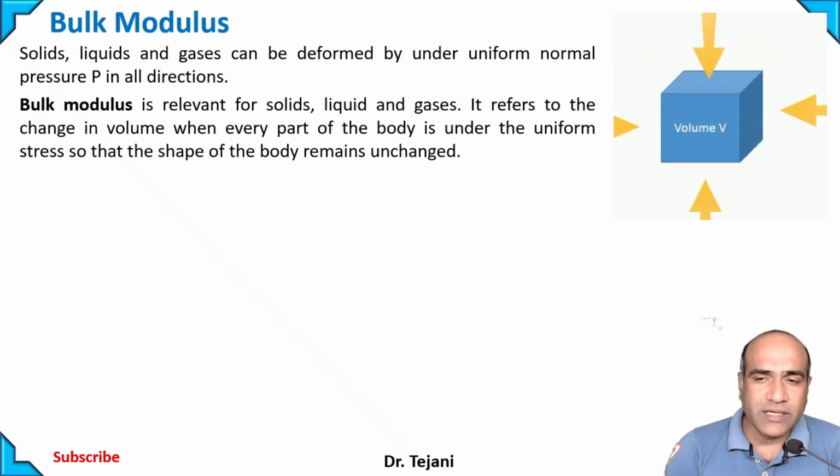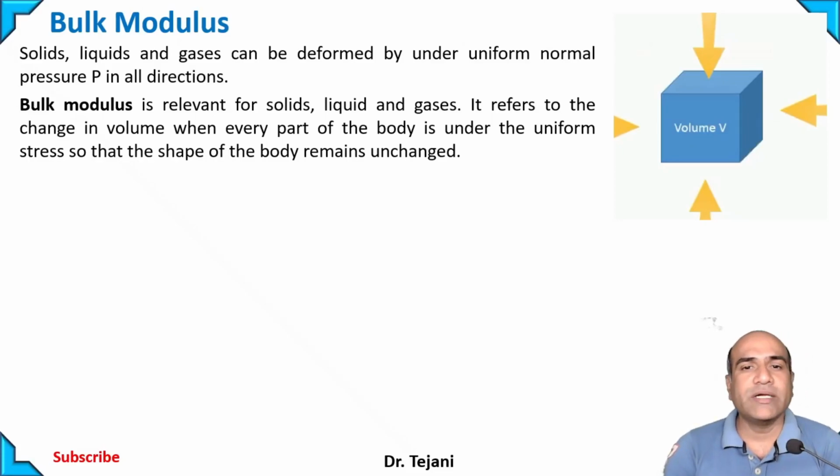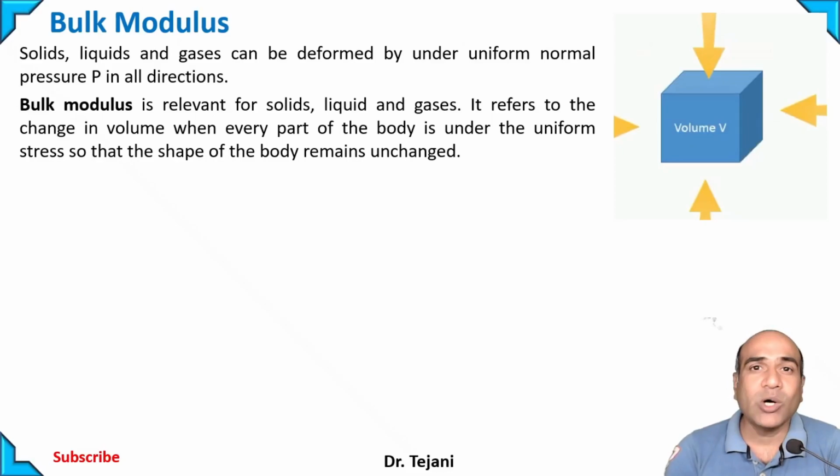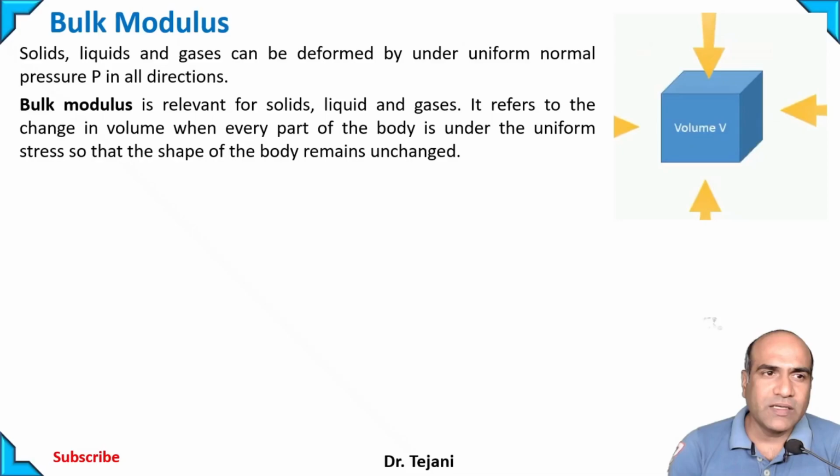There is a decrease in the volume that we need to consider in the case of bulk modulus, and it happens with solids, liquids, and gases. All three are applicable. However, in metals, or you can say solids, the effect of bulk modulus is very low. But in the case of liquids and gases, mostly gases, the effect of bulk modulus is always considerable. So how does it work?